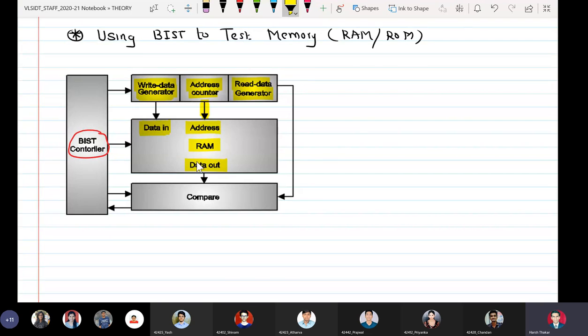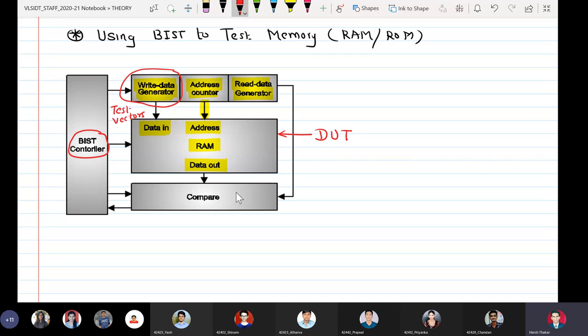So this is similar to the system. We can say this RAM is the DUT here, the device under test, and the write data generator is responsible for generating test vectors.